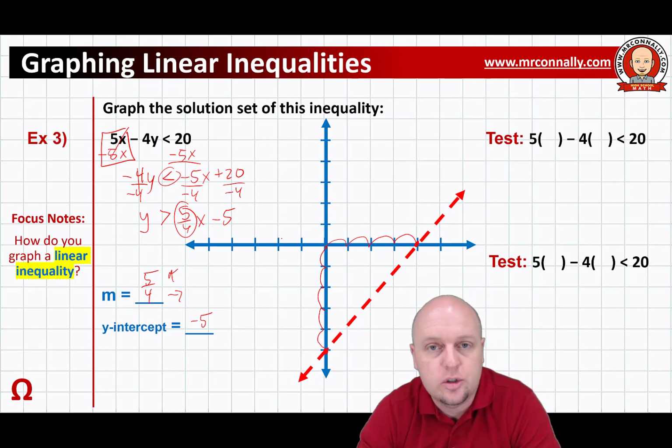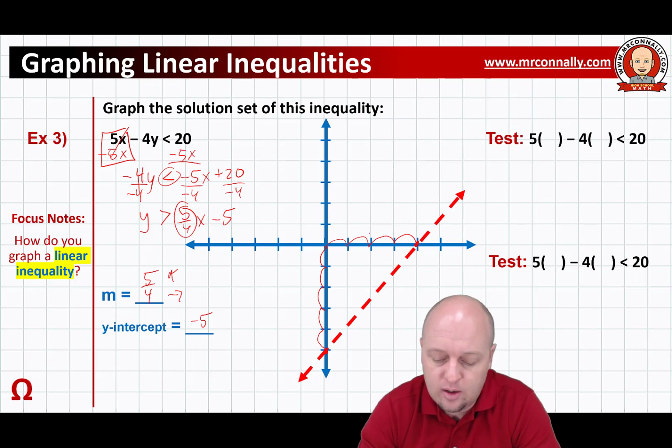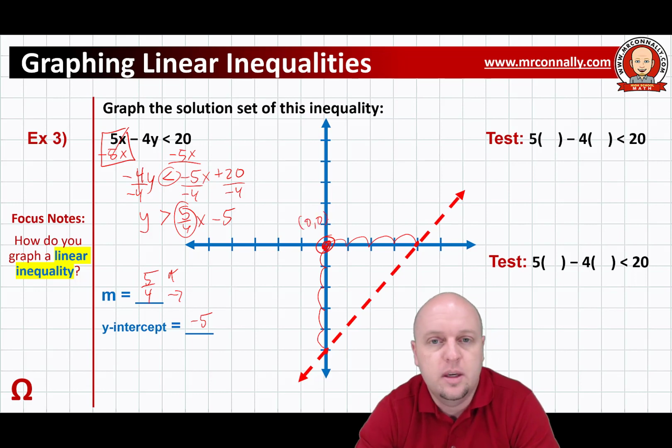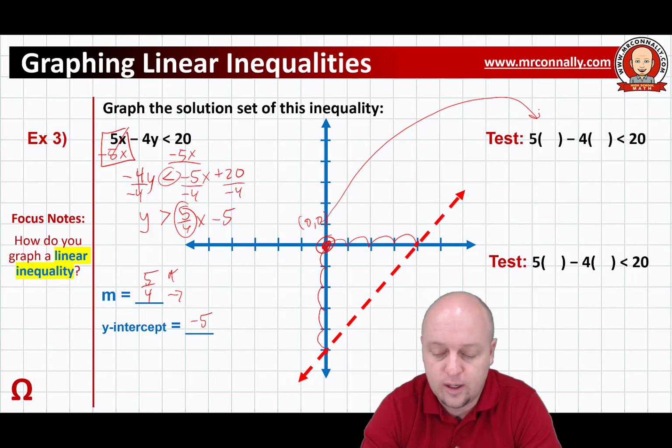Okay, now remember our trick. If it's greater than, the shading goes above, and if it's less than, it goes below. Let's test a point to make sure. Now, if I'm looking at a number above this dotted line, I'm going to go ahead and choose this one, 0, 0. Now, why would I do that? Well, because it's easy to substitute and check to see if it's true or false.